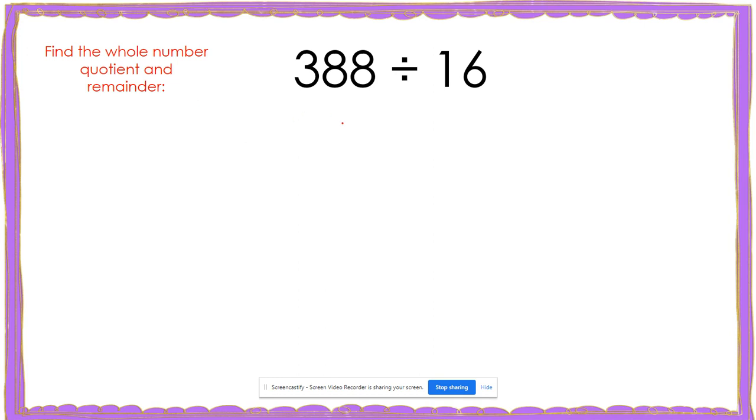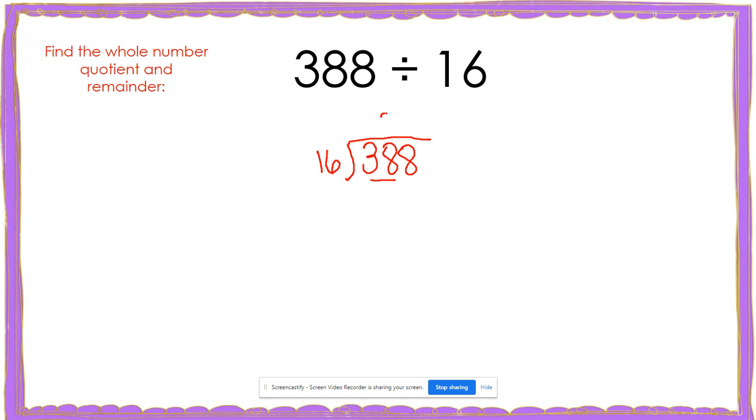For 388 divided by 16, I'm going to start with my dividend of 388, and I'm going to divide by my divisor of 16. Now, I cannot divide 3 by 16, so I'm going to move over to my 8, and I'm going to divide 38 by 16.